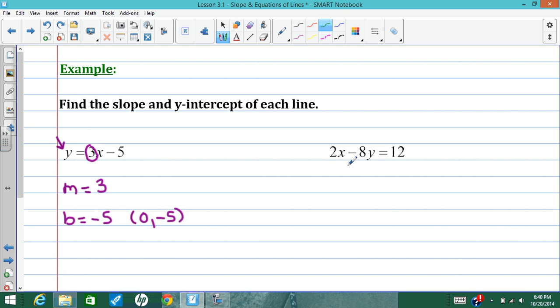Over here, I have to solve for y, so I'll subtract 2x. That negative belongs with the 8y. I like to write my negative 2x first because it looks like slope-intercept form. Now I divide everything by negative 8. Every piece gets divided by negative 8.